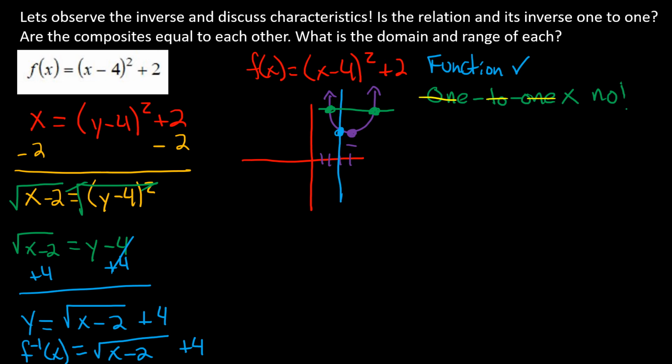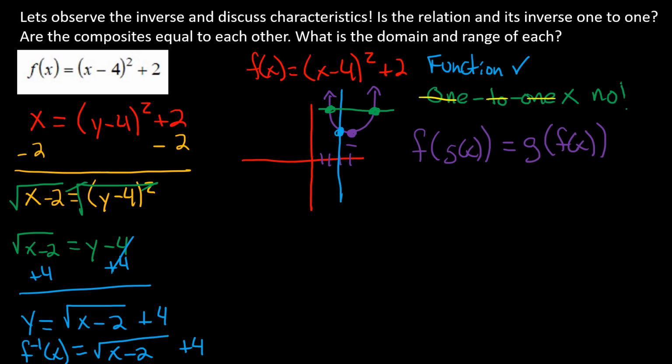And then it says, are the composites equal to each other? Well, what does that mean, right? In other words, we've discussed composites in the past, if we said f of g of x should be equal to g of f of x, these two are composites of each other.